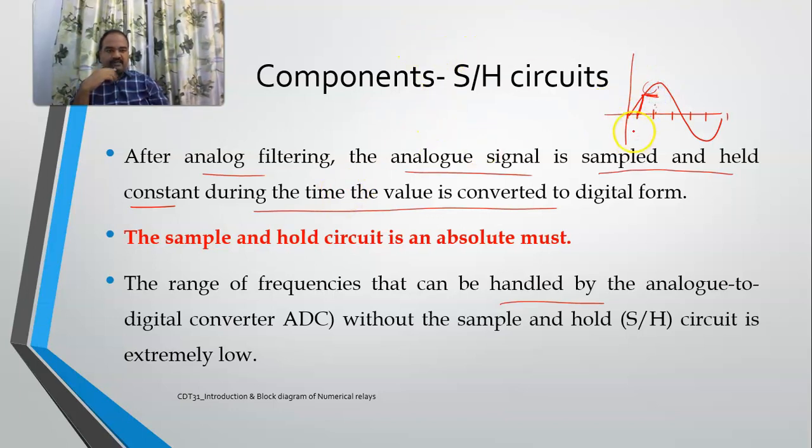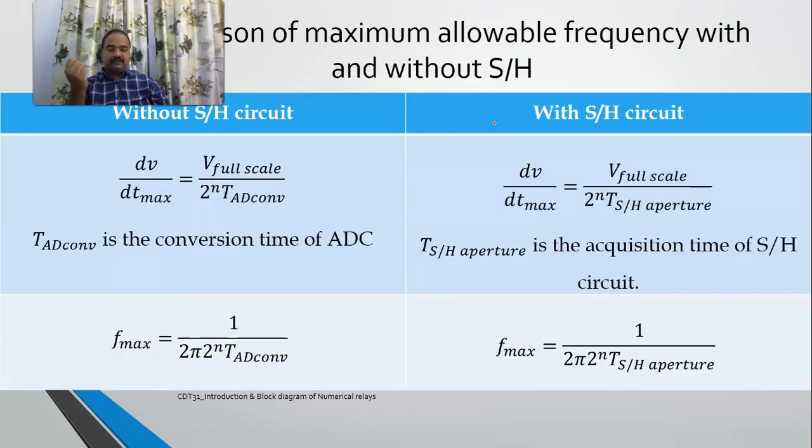So it is just like this original sinusoidal signal is being converted into some sort of stepped waveform. Right. This is the concept of your sample and hold circuits. So it picks the sample and holds it till your next sample is taken. Okay, this is a simple thing.